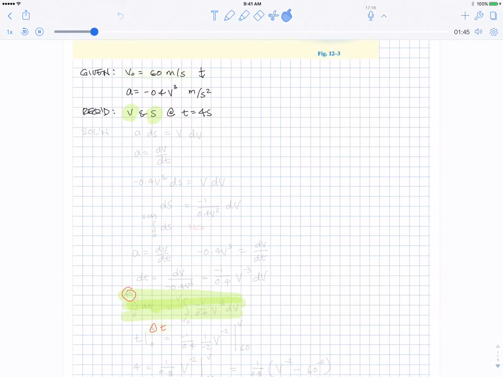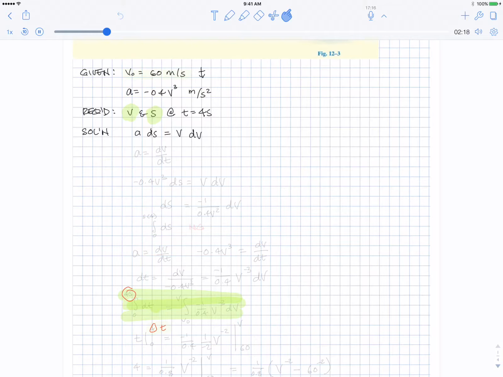Okay, so the solution. If you look at this, we have acceleration in terms of v. They want distance s. There's no mention of time except when time equals 4 seconds. And so I think what we should use is the relationship a ds equals v dv.